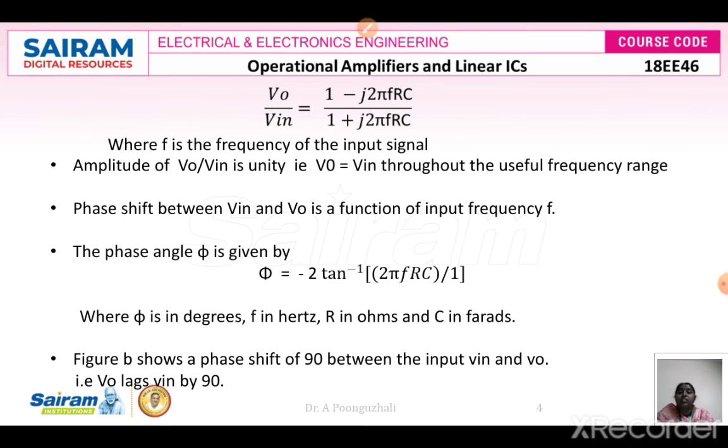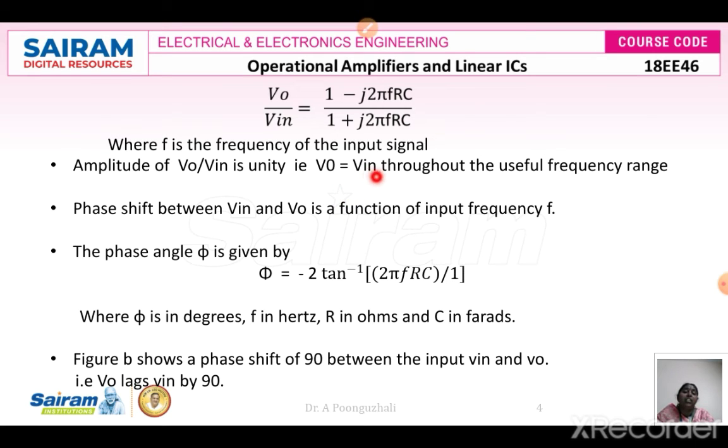Here we see that V0 by Vin, as I said, is 1 minus j into 2 pi FRC by 1 plus j 2 pi FRC, where F is the frequency of the input signal. So we can say that the amplitude of V0 by Vin is going to be unity, means V0 is equivalent to Vin throughout your useful frequency range. That means the amplitude is the same.